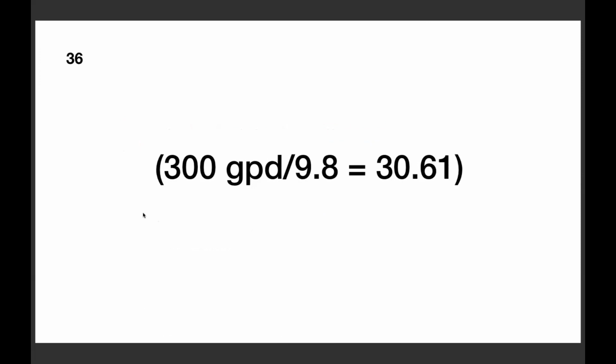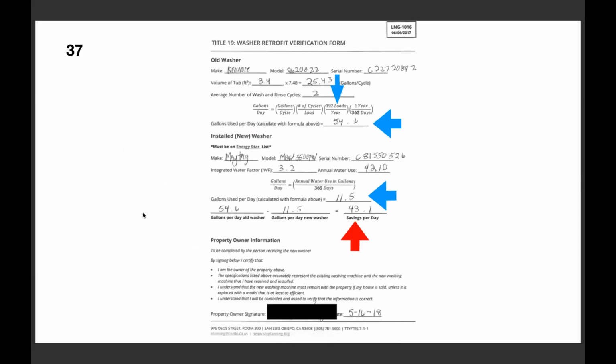But how does this really work in real life using the county's metrics? Here's an example the county sent me of an actual approved offset. Old washers used 54.6 gallons. Replacement washers used 11.5 gallons for a calculated savings of 43.1 gallons per washer.